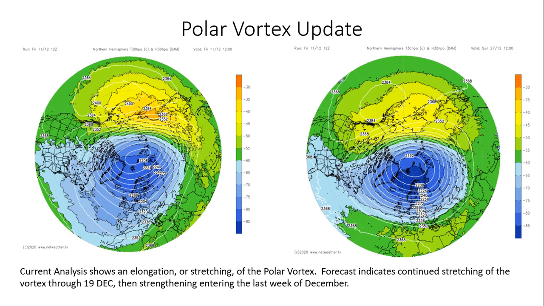So why do we look at this? Because a weakening polar vortex can either A, be displaced, or B, split. So displacement or splitting of the polar vortex. And what happens, especially with a split, you can get some really cold, extremely cold Arctic air to spill down into the lower 48 from the Arctic. You get more of a cross-polar flow.